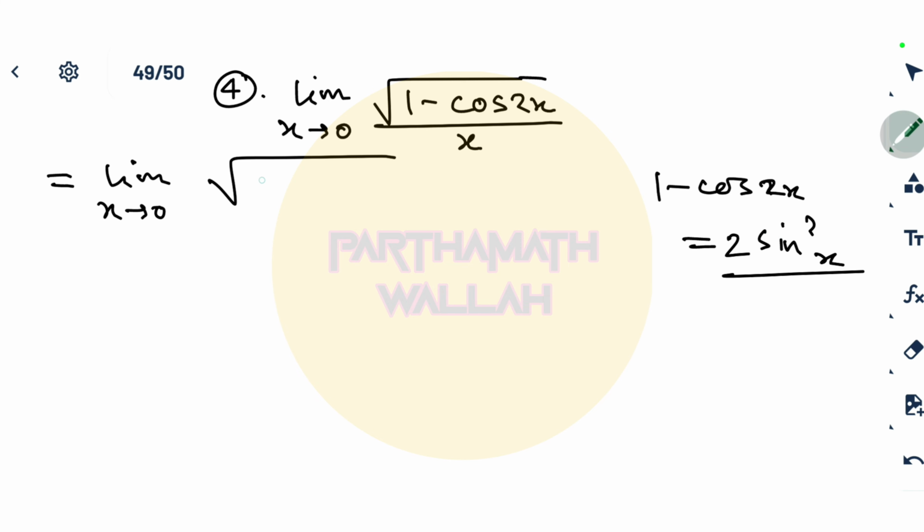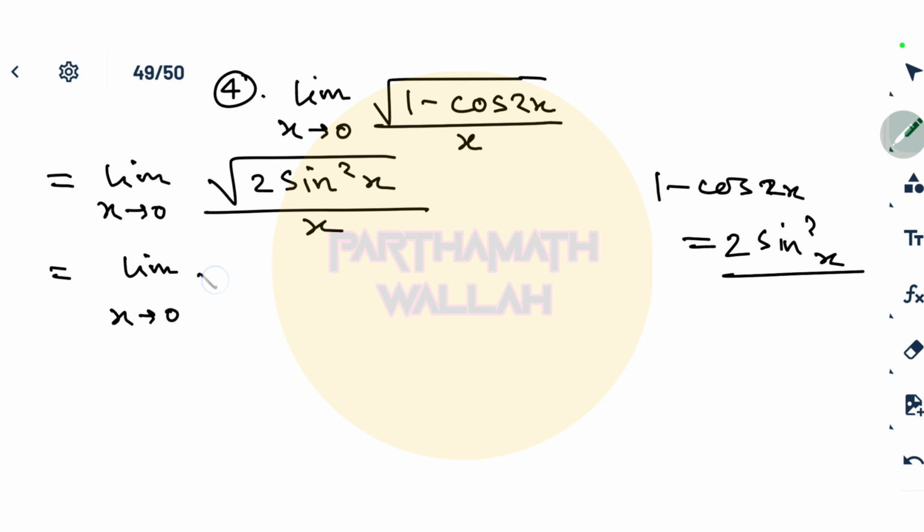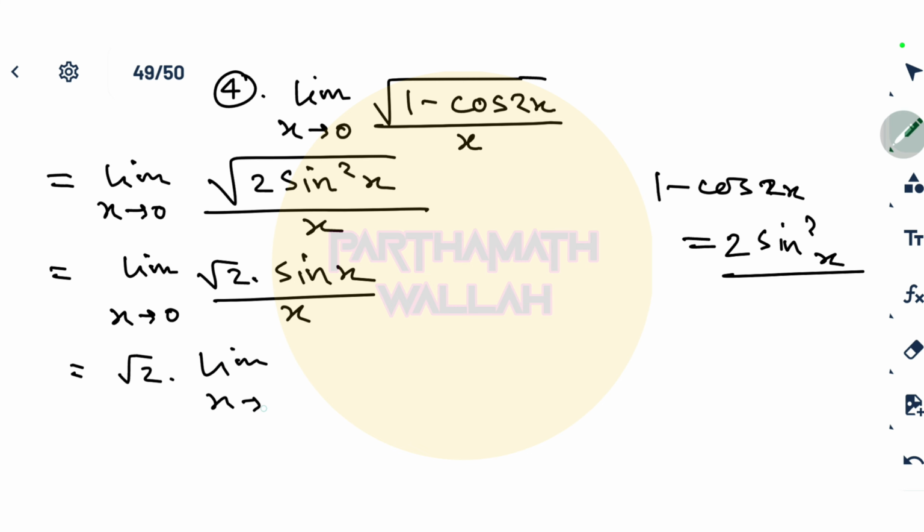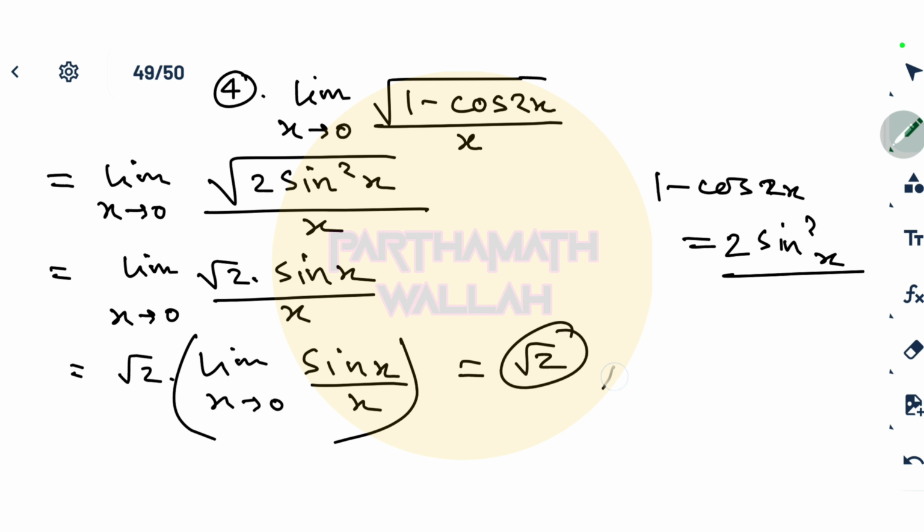Put it here under the root, that is, root of 2 sin square x divided by x. Now limit x tends to 0, it will be split as root 2 into root of sin square x, which gives sin x by x. Root 2 is a constant, so it is sent outside of the limit: limit x tends to 0, sin x by x. This is equal to 1, so the answer is root 2.